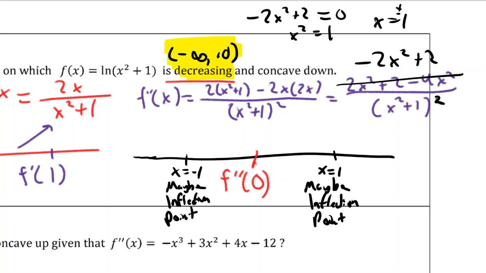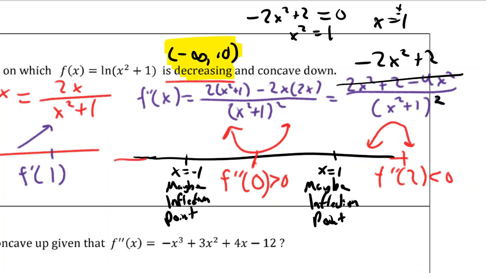We would get positive over positive, which would be positive. And when the second derivative is positive, it's concave up. Throw in a number like 2 into the second derivative, we would get negative over a positive, which is negative, concave down.